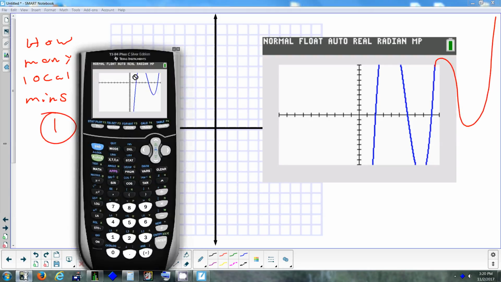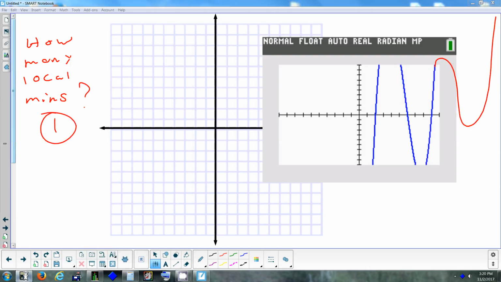Well, I know there's one turn in here, there's the other turn there. There are no other turns that could be hidden off the screen. So any question on the local min? The big thing is you've got to zoom out because there might be something hidden off the screen. All right, so that's that.